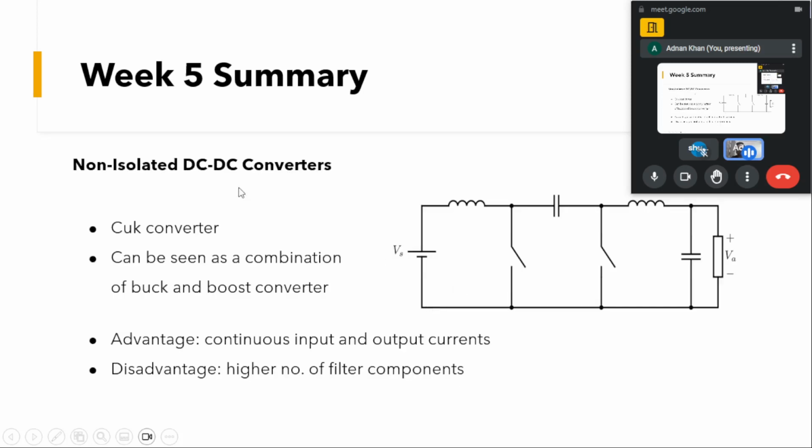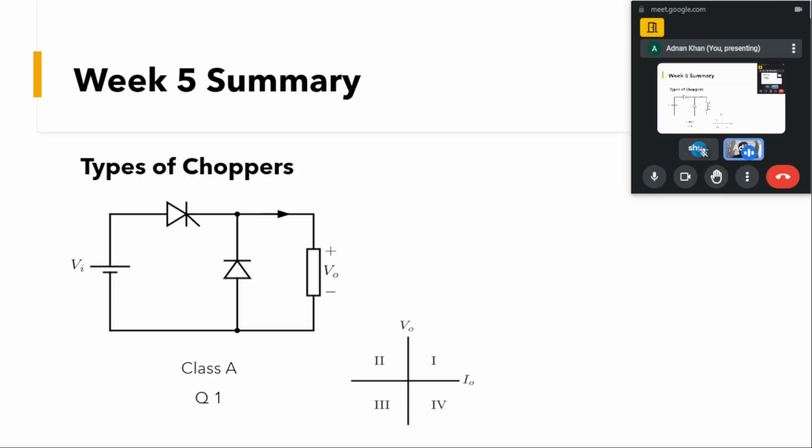Now after the Cuk converter, what was discussed is different types of choppers. Briefly, I'll tell you what a chopper is. Let us say we have a certain constant input voltage and we want some variable voltage at the output.